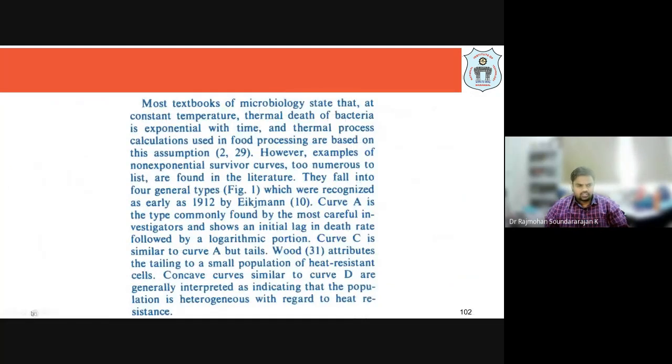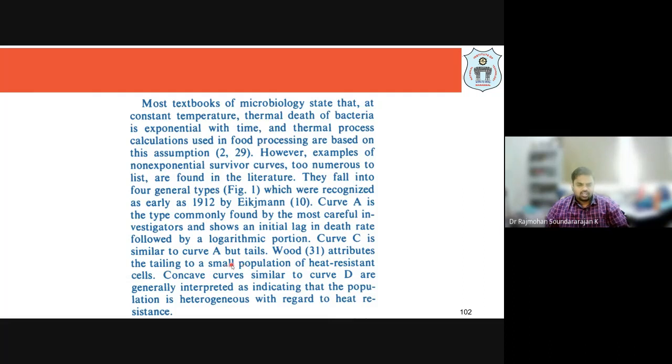Curve A is the type commonly found by most careful investigators and shows an initial lag in death rate followed by a logarithmic portion. Curve C is similar to curve A, but it tails. Why does the tailing happen? Wood attributes the tailing to a small population of heat resistant cells.